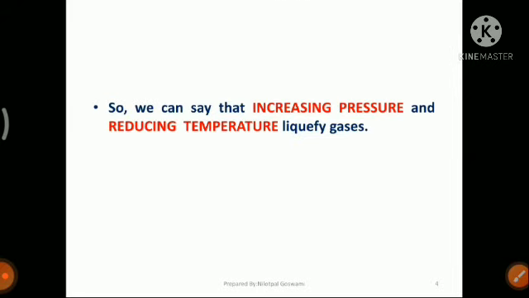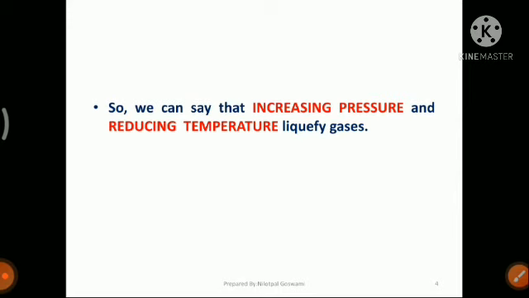From this discussion we can see that by increasing pressure, that is by applying pressure on the gases, or by reducing the temperature, condensation of gases generally occurs. For example, consider water vapor, which is present in its gaseous state.